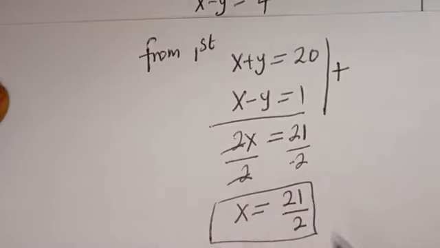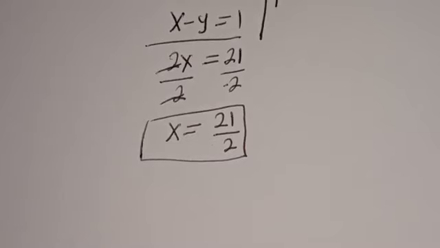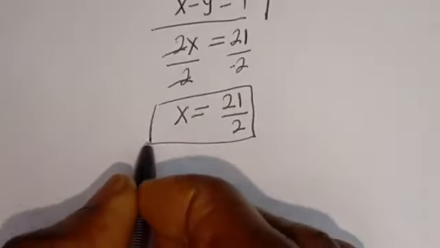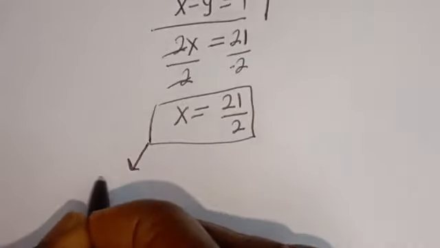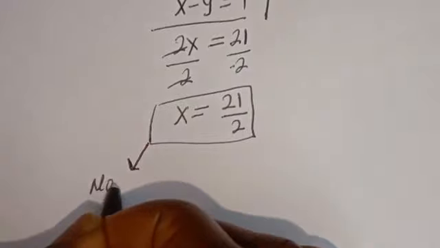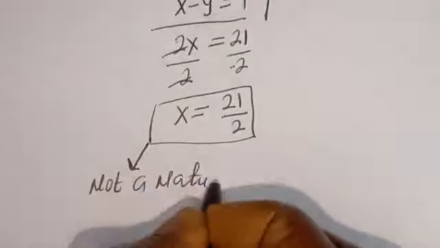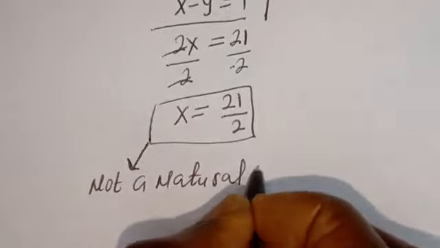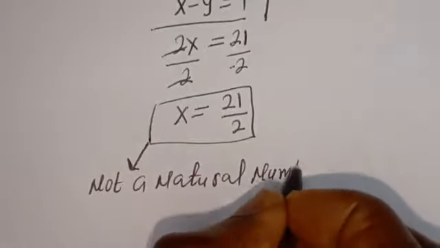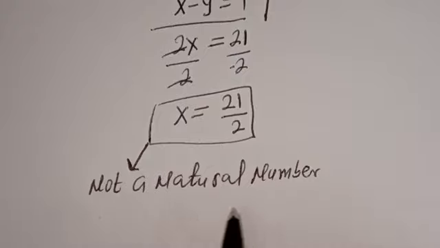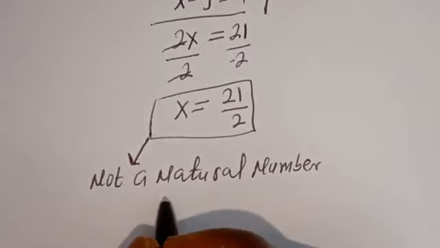And from here, as we can see, this is not a natural number. Therefore, the solution is rejected.